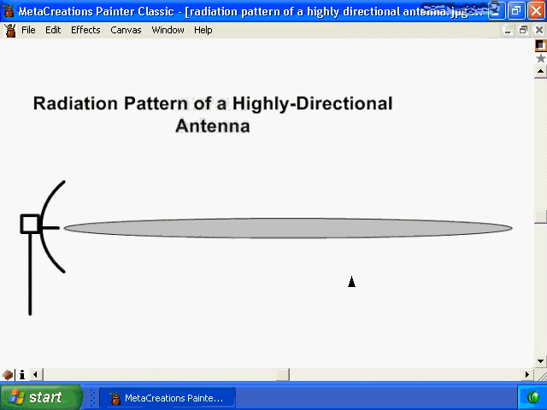Now, because the radiation pattern of a highly directional antenna, such as a parabolic dish antenna, is so very narrow and so very concentrated, it requires that the two point-to-point antennas have line of sight and that they be aimed very, very accurately. So a typical beam width of a high-gain parabolic antenna is only about 8 degrees. In contrast, the beam width of a high-gain Yagi antenna is about 30 degrees.